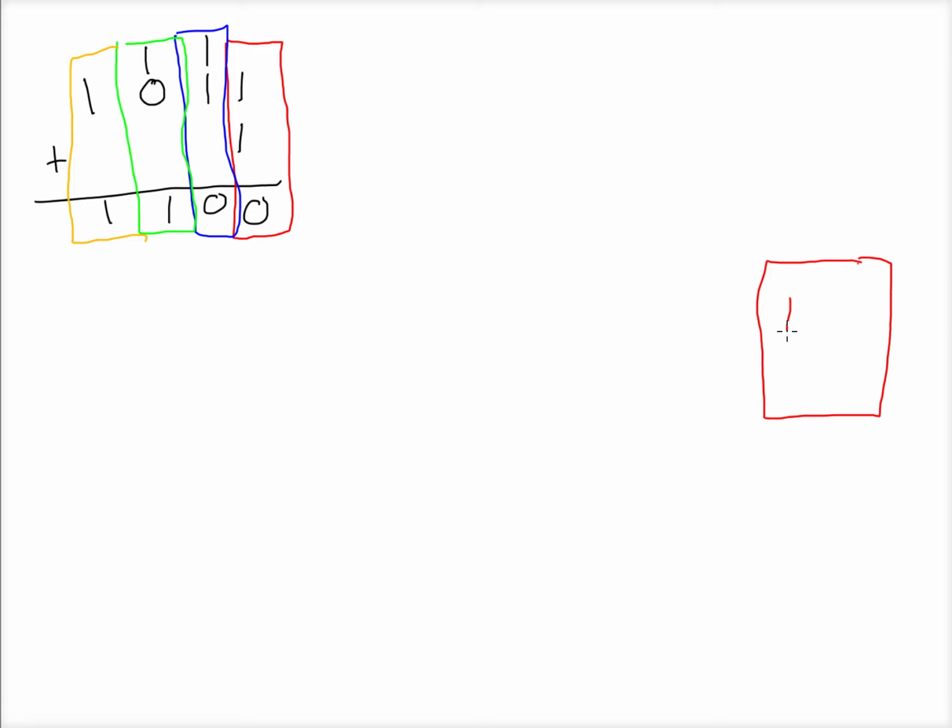Okay, so this is our half adder. This is our poorly drawn half adder, and we have an input, it looks like, of 1, and a second input of 1, and we have a sum of 0 and a carry of 1. Alright, so now let's do the blue one.